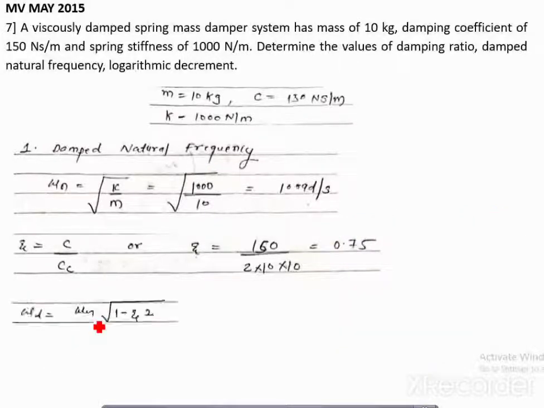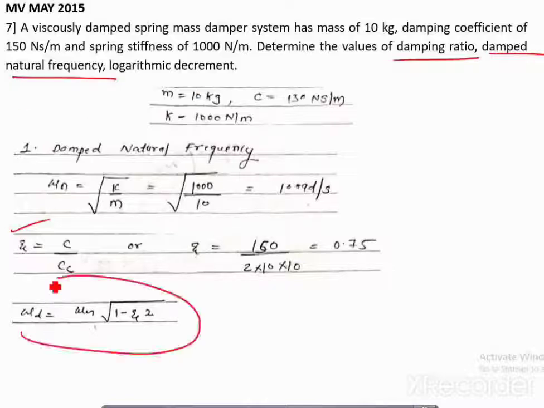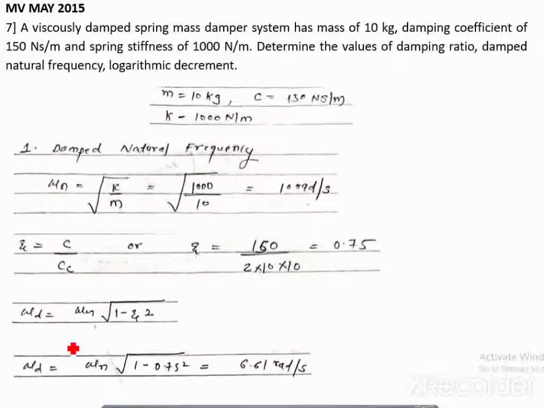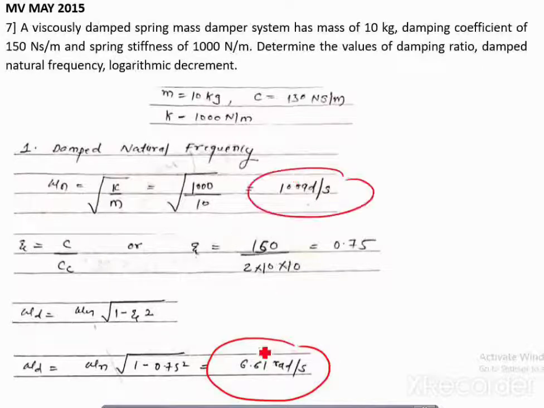Now omega d, the damped natural frequency. First of all, the value of damping ratio zeta is done. Now damped natural frequency omega d is omega n into square root of 1 minus zeta square. So omega n I know, zeta I know, so I will get omega d as 6.61 radian per second. You can see omega d is always less than omega n, because omega n is the natural frequency of a free vibration.